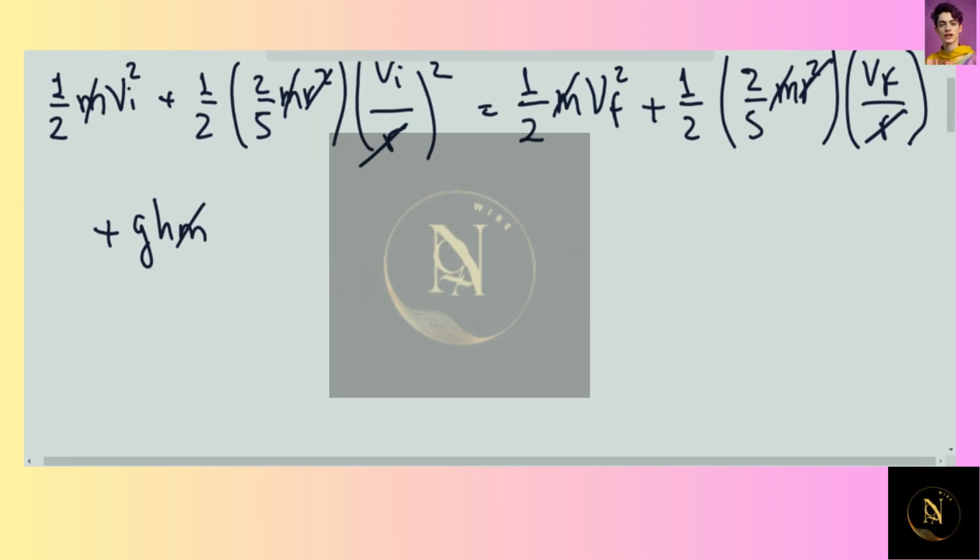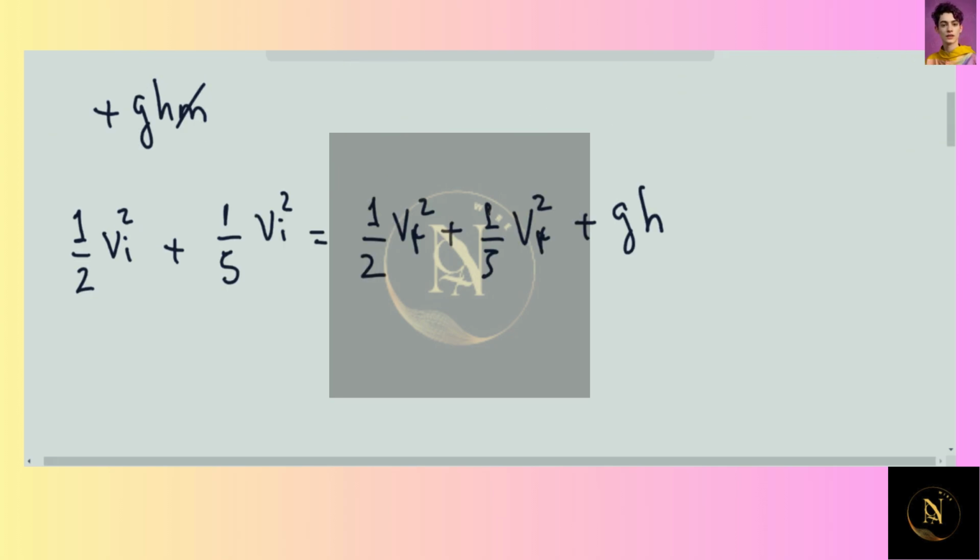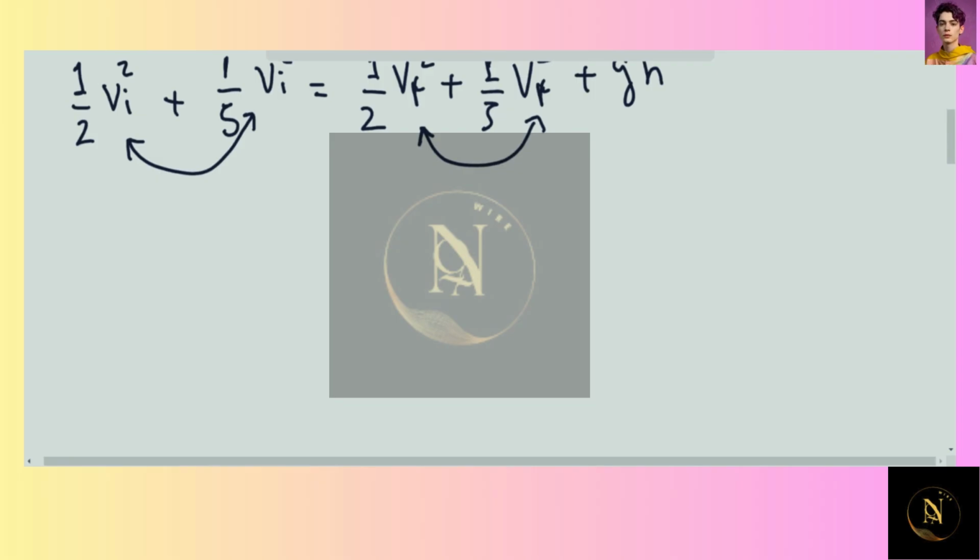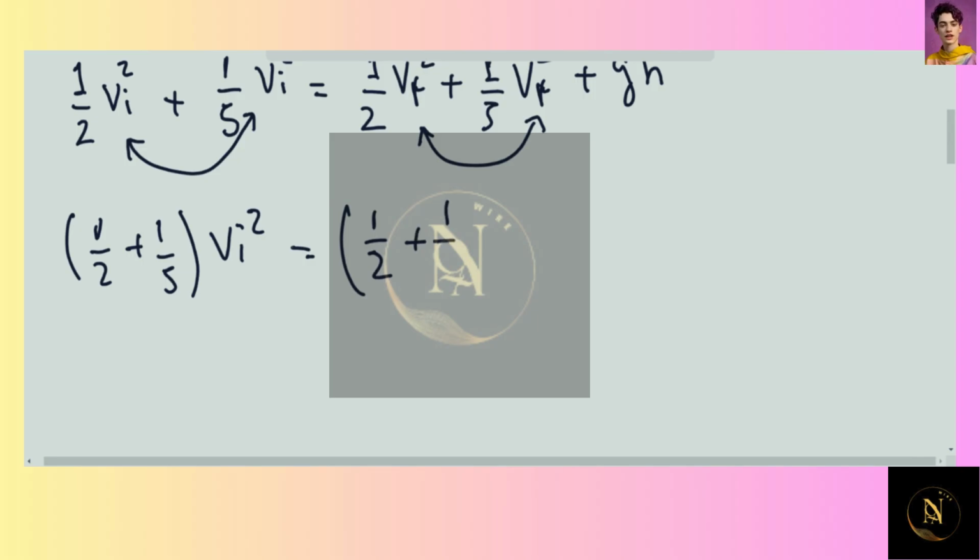So writing down that equation simplified, we obtain this equation, and we can simplify further by noticing that these two are the same and these two are the same, so we need to sum 1/2 plus 1/5, and the same for the other part.